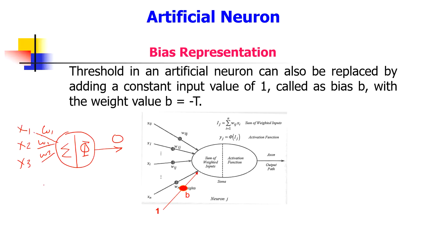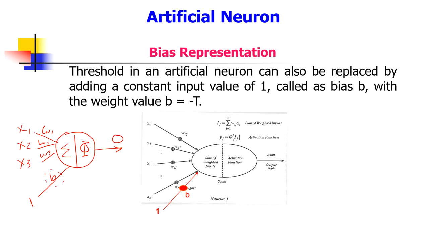So the bias is just some extra line we plug into the neuron with a value of 1 in general. Then we put some value b here that stands for the bias. This is a constant value that we can obtain from the training session.